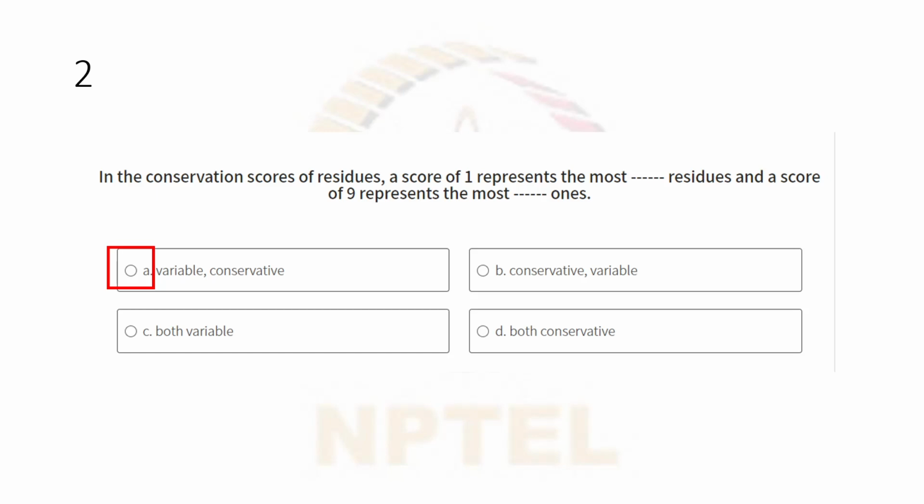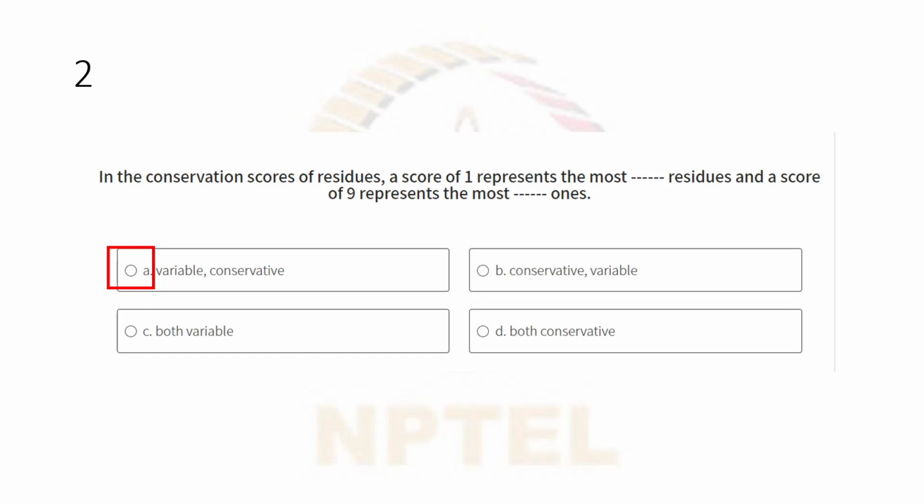A conservation score of 1 indicates the amino acid is not at all conserved at that position, meaning that the protein is highly variable across different organisms. On the other hand, a conservation score of 10 indicates that the amino acid sequence is highly conserved and remains unchanged.